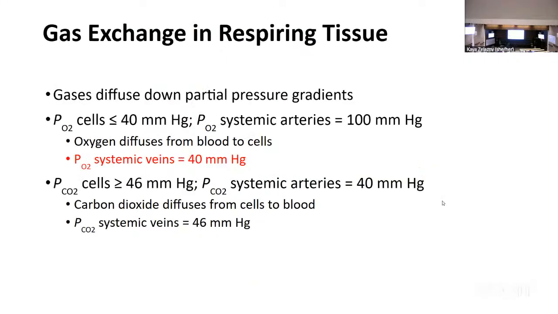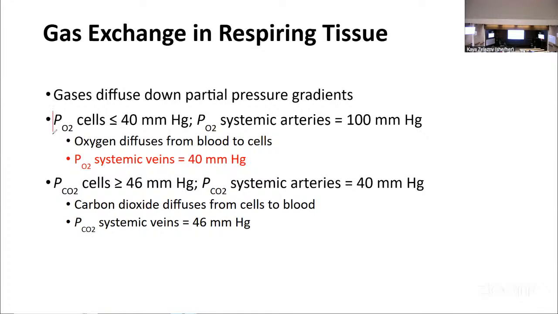If we like this in bullet point form, here we've got it again. So our gases are diffusing down their partial pressure gradients. Here for your notes, we've got listed out that partial pressure of oxygen in your respiring tissue, in those cells, of 40 or potentially less. So as we see this diffusion down our partial pressure gradient, the artery coming towards the cell was at a partial pressure of 100.